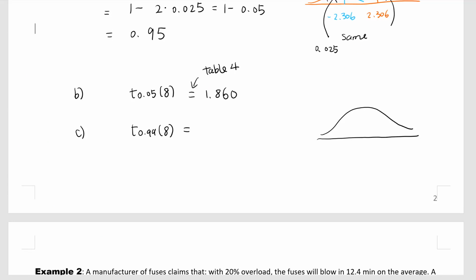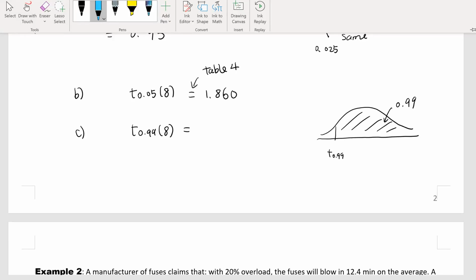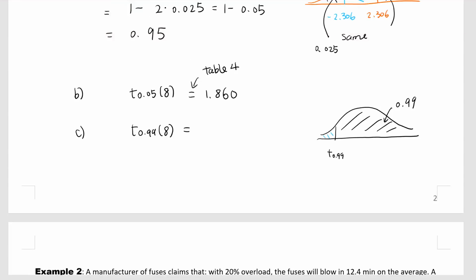Think about it, 0.99 is so close to 1. That means the area on the right-hand side of that number is large, so this number should be here. We know this area is 0.99. If this area is 0.99, what is this little area? That's 0.01.